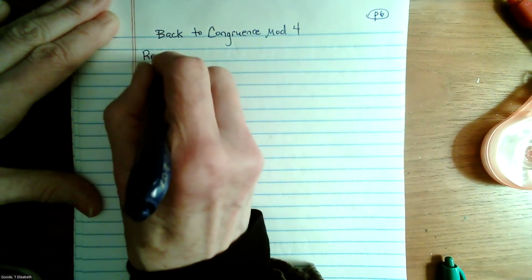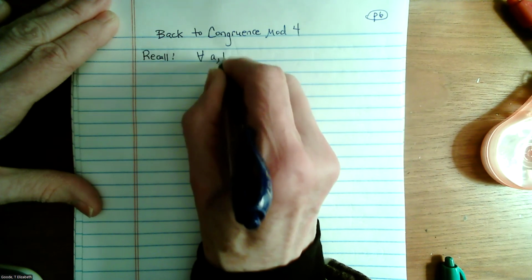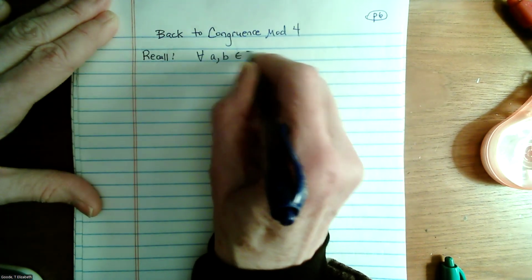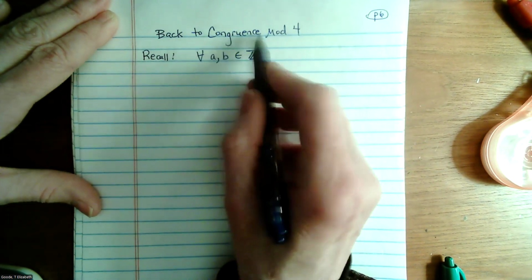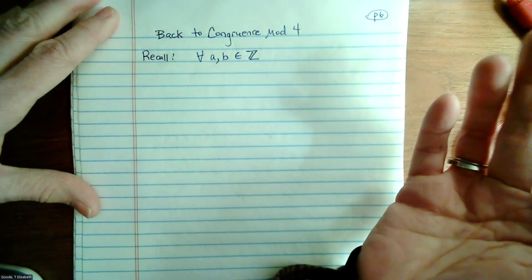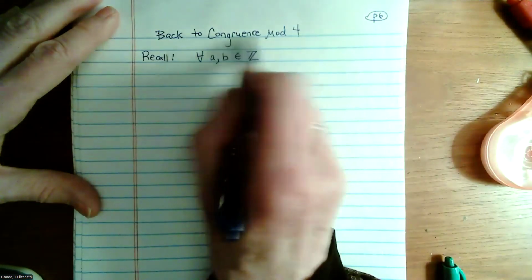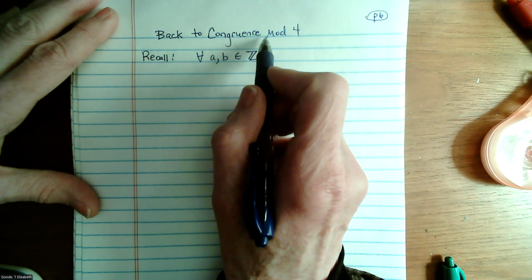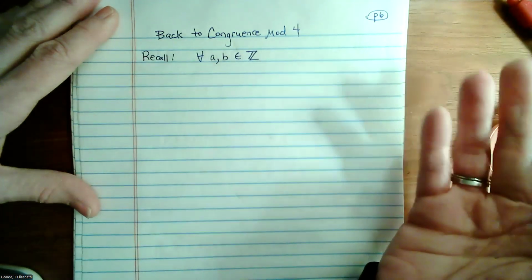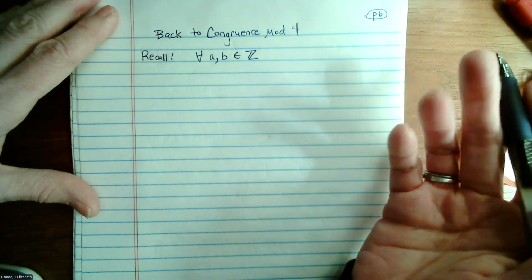Recall, this is the definition of Congruence Mod 4. It's an equivalence relation on Z. It's called congruence because it has something even more than reflexivity, symmetry, and transitivity. It's got what we call left and right cancellation. You don't need to worry about that, but in case you're wondering why it's not called equivalence mod 4, it's actually a more structured relation than just an equivalence relation.